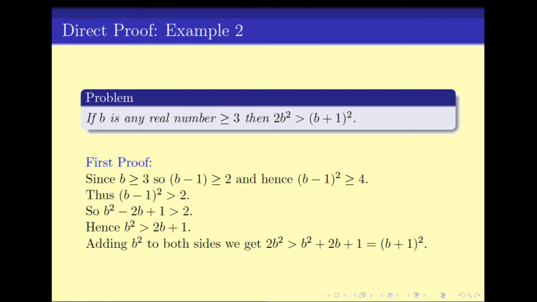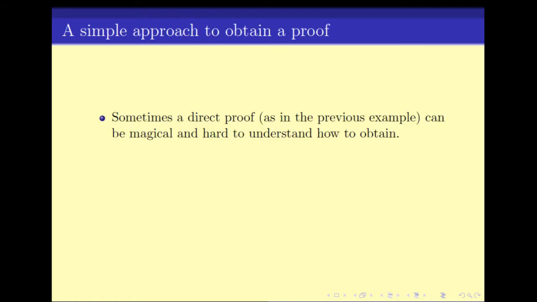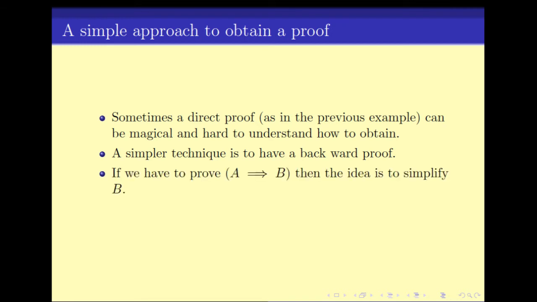Sometimes these direct proofs do look a bit magical and it is hard to understand how to obtain them. So in such cases, we discussed another approach, namely a backward proof. The main idea is that if we have to prove A implies B, we start with the deduction that we have to get B and we massage it, or change it.